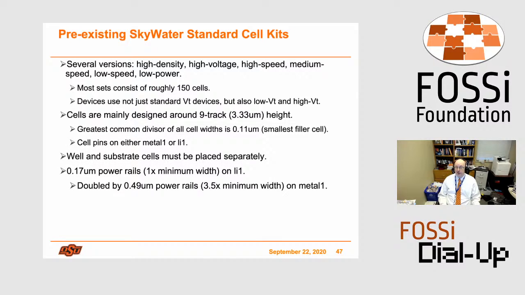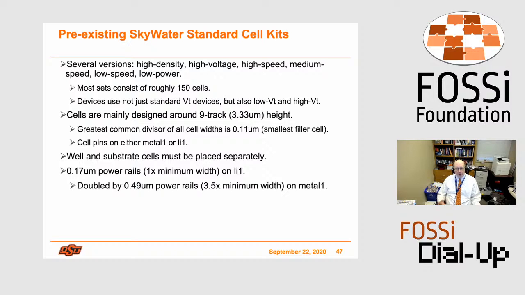There are also the pre-existing SkyWater standard cell kits. We have several versions, as I mentioned before, high density, high voltage. Most of these sets are around 150 cells, and they're not just standard VT sets, as we mentioned earlier. They're low VT and high VT, but they're a lot smaller. They're 9 tracks or 3.3 micron.